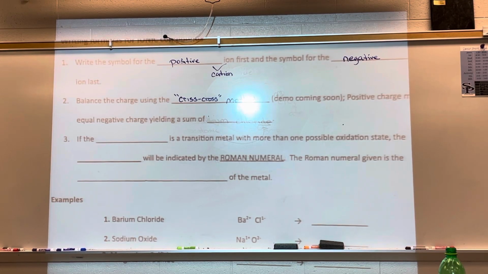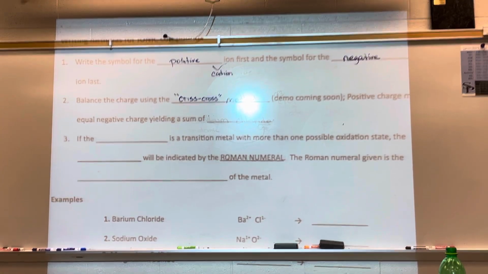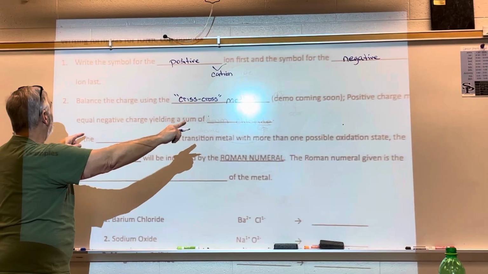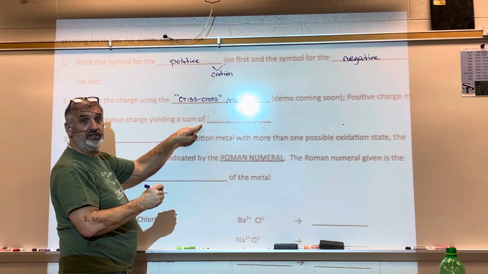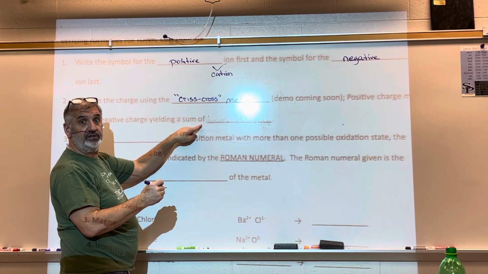Cross multiply. Because we got to get the positive charge to equal the negative charge. So that's how we're going to get our subscripts. Whatever the charges are, we just got to make the positive equal the negative. So the positive charge must equal the negative charge, yielding a sum of, what do the charges always add up to? 0.